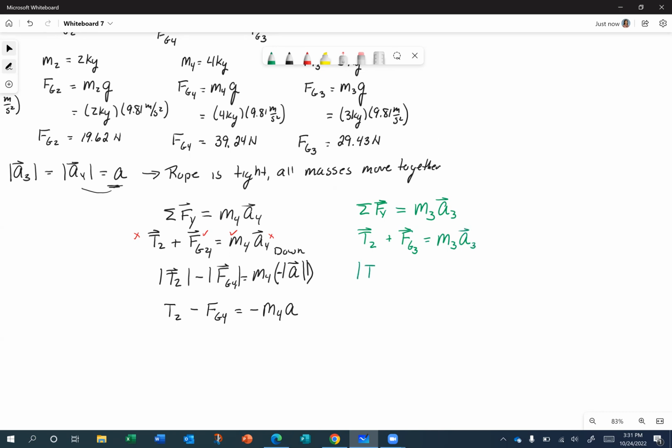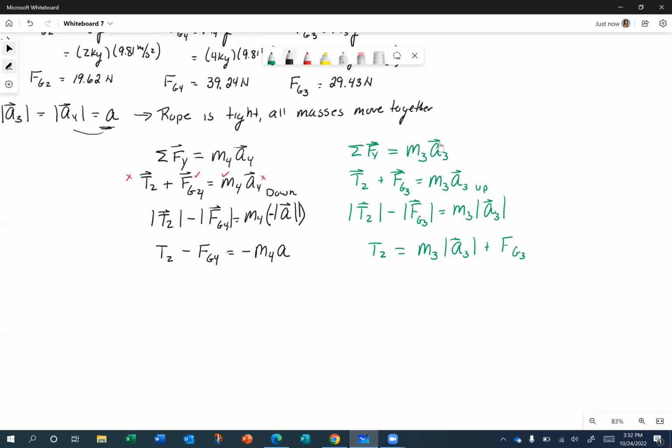So the magnitude of T2 minus FG3 equals mass 3 times the magnitude of the acceleration of 3. We recognize that this is going to be going up, so that's going to be positive. So we get T2 equal to mass 3 times the magnitude of the acceleration of 3 plus FG3.